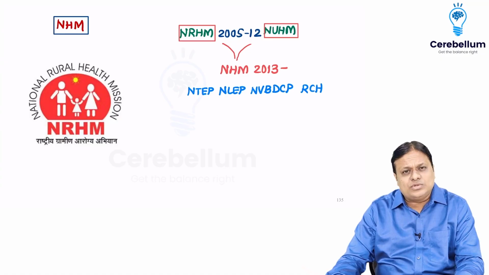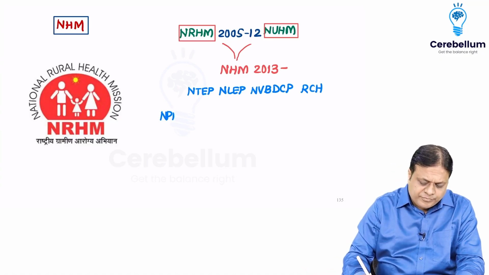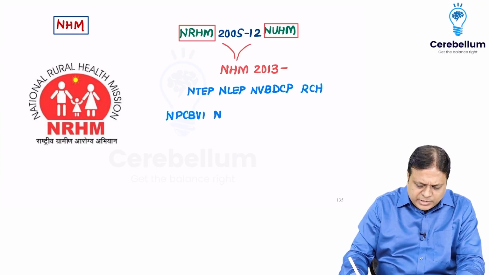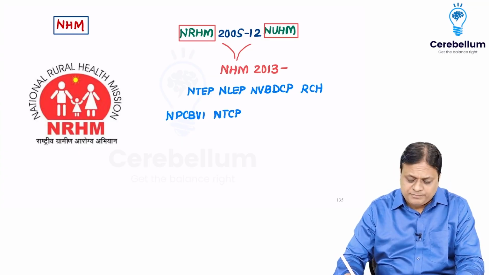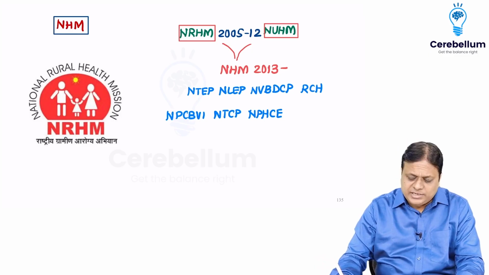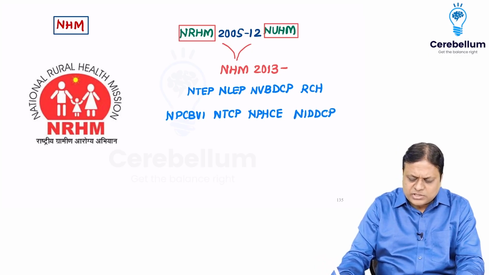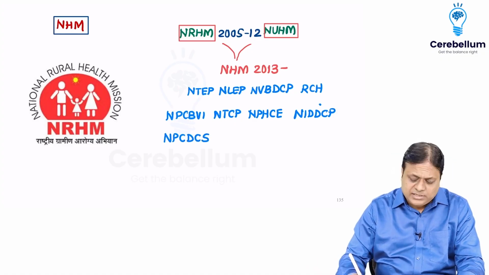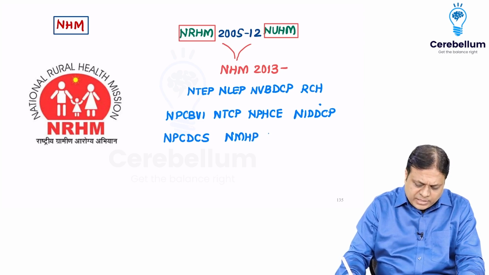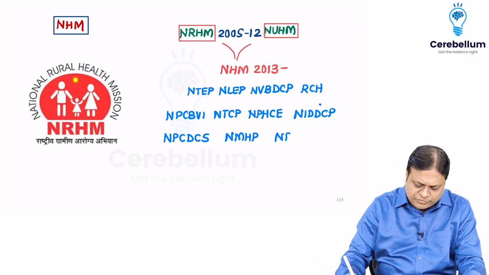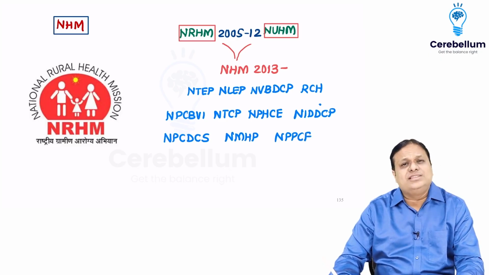On the non-communicable disease side, it includes the National Program for Control of Blindness and Visual Impairment, National Tobacco Control Program, National Program for Health Care of Elderly, National Iodine Deficiency Disorders Control Program, National Program for Control of Diabetes, Cardiovascular Diseases, Cancer and Stroke, National Mental Health Program, National Program for Control of Filariasis, and National Program for Prevention and Control of Fluorosis in the country.